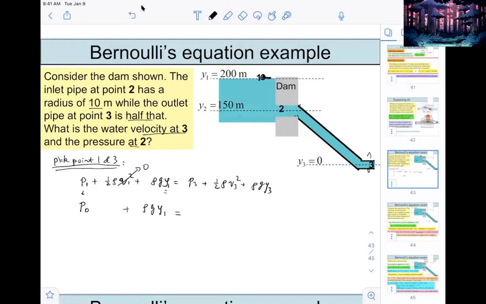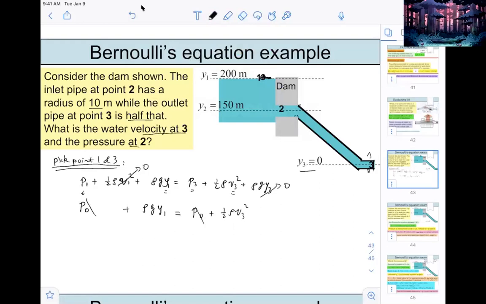P3, you can see over here, is also at atmospheric pressure, because it's not within the center of the liquid. Here you're exposing it to the atmosphere, so it's P0 as well. And we want to know what V3 is, we don't know. And y3 is 0.